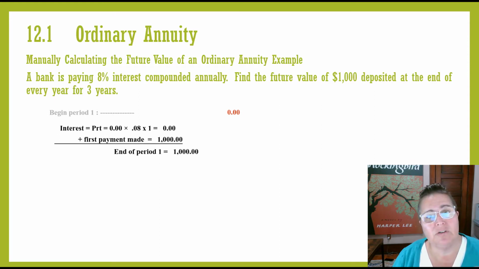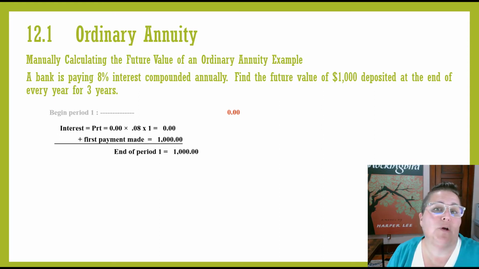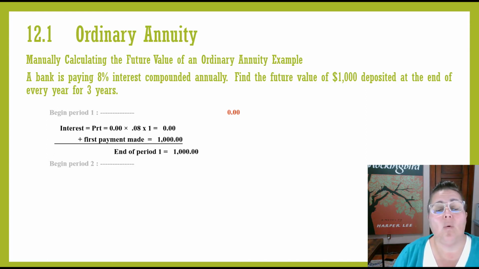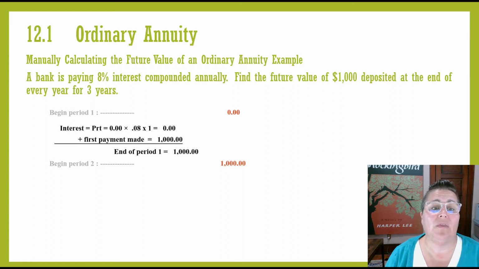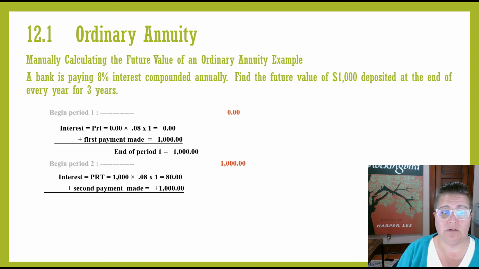So at the end of the first period, we've earned $0 in interest, but we've put $1,000 into the account, right? We then begin the second period with that $1,000. So there's $1,000 in the account. And since the interest is compounded annually, we wait an entire year earning 8% interest on that $1,000, and that puts $80 into the account.